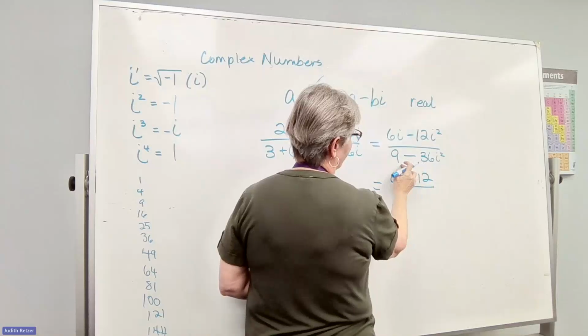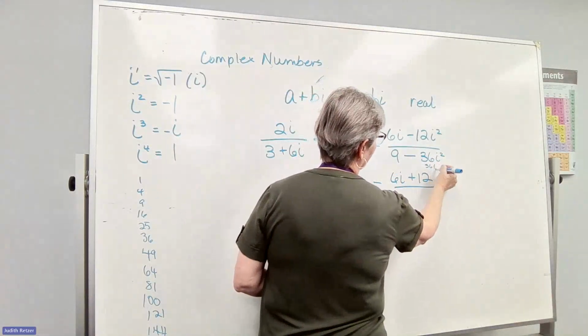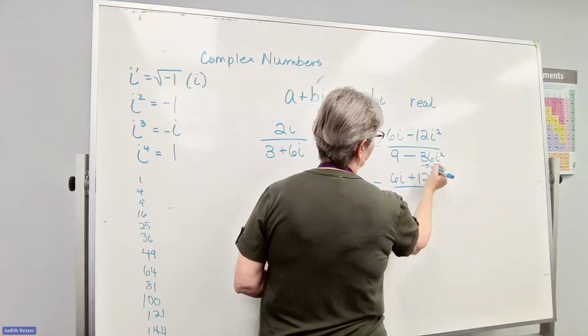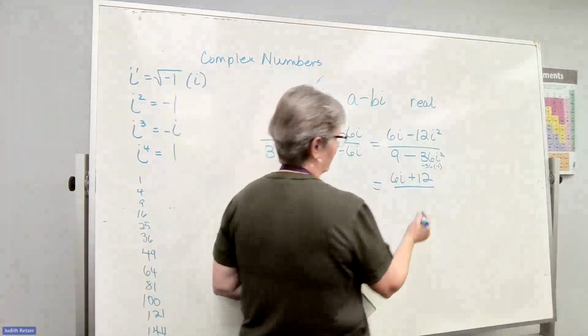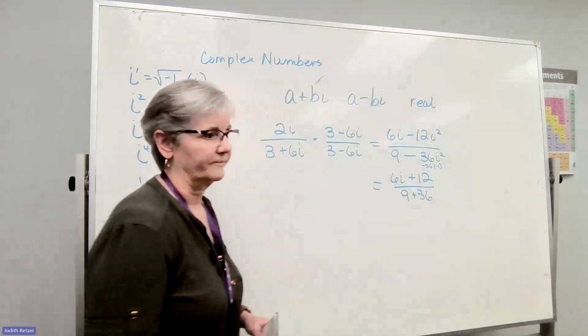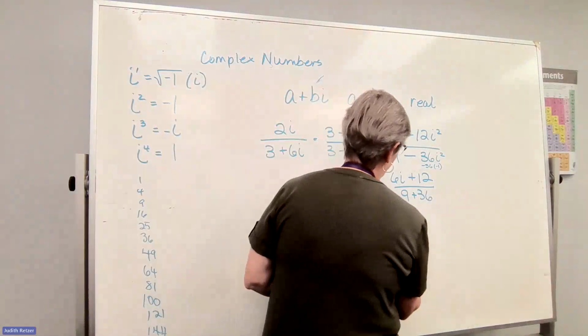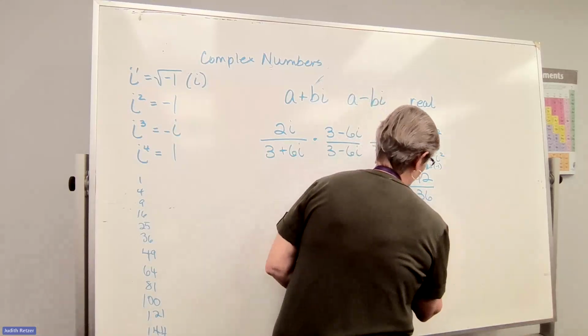On the bottom, I have 9 minus 36 times -1, which is plus 36. So therefore, I have 6i plus 12 over 45.